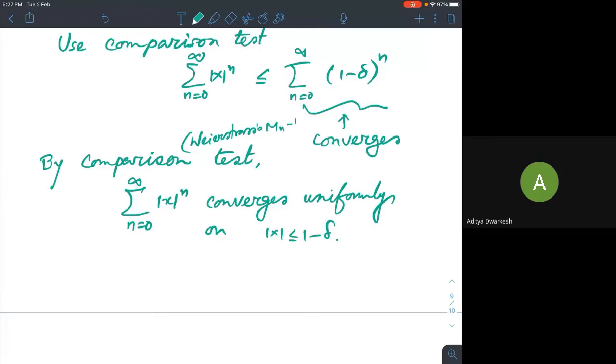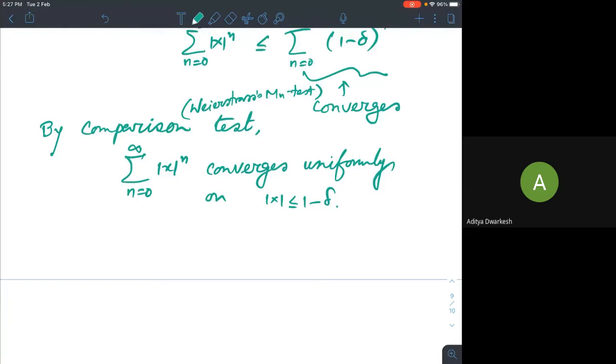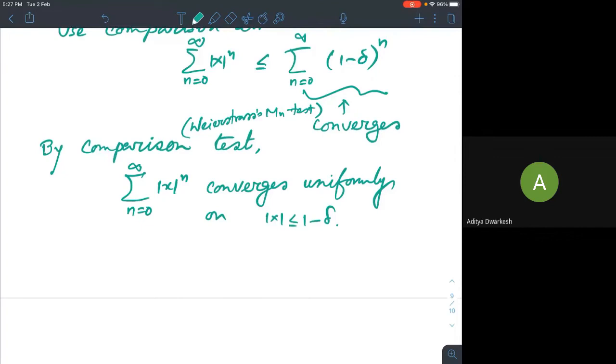It says that if fn is a series and mod of fn is bounded by some number Mn, and summation Mn converges, then this series converges uniformly. Okay, I confused it with another comparison. Yes, this is the most used one. So this converges uniformly on this set.